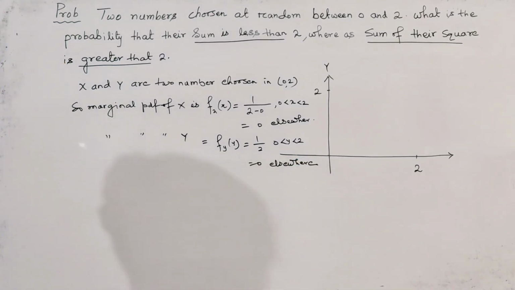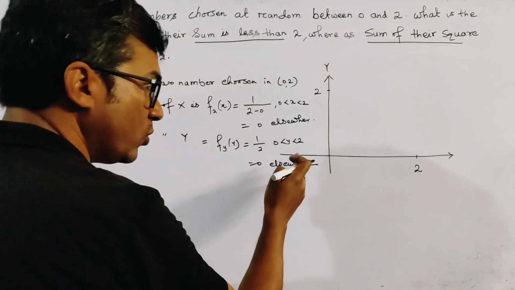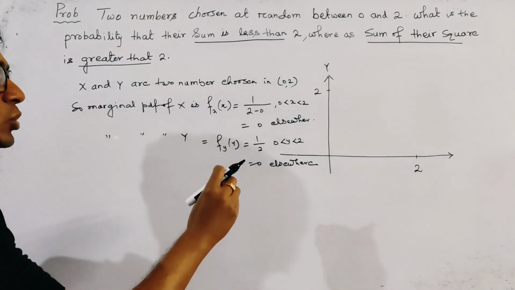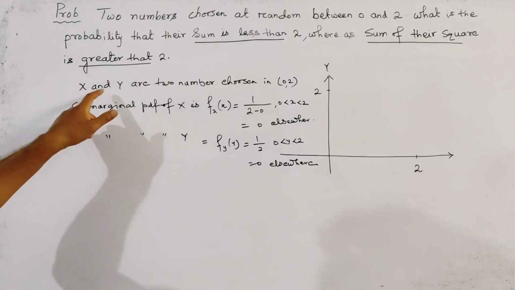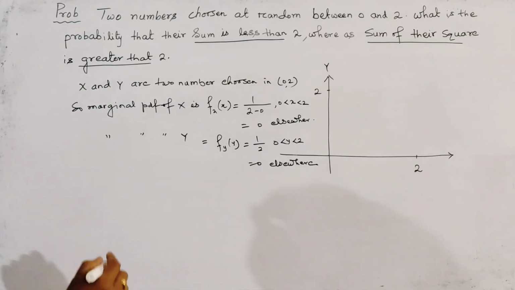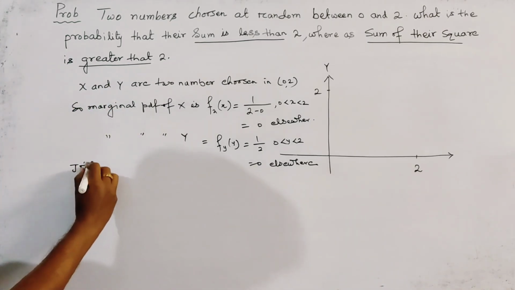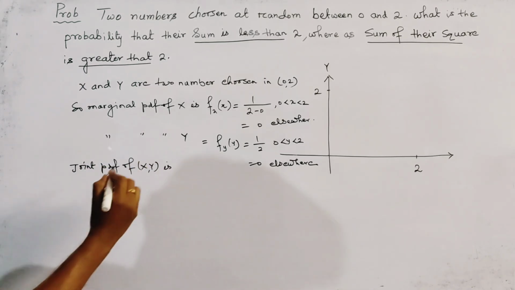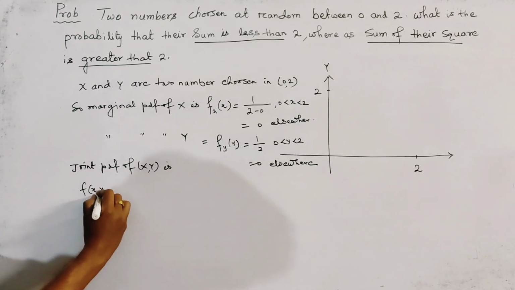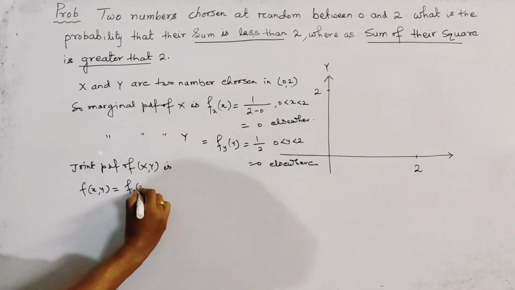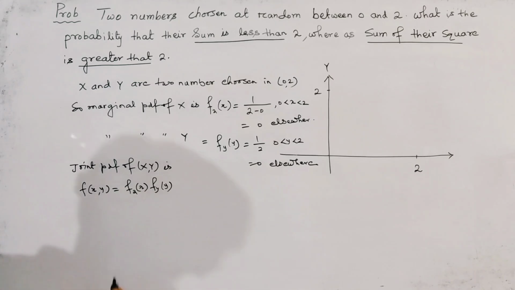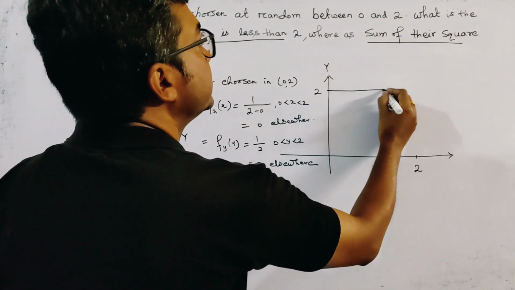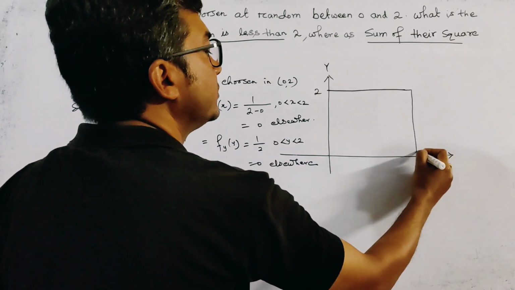Since two numbers are chosen, one number on the x-axis and another number on the y-axis, these two random variables x and y must be independent, right? So the joint PDF of x and y is given by f_XY, which is f_X(x) times f_Y(y), since they are independent, and the region looks like a square.